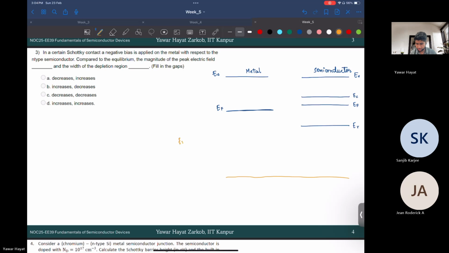This is the equilibrium case. So this is EF, and accordingly we'll draw the E naught. For palladium, phi m is greater than phi s. This is phi m, this is phi s, which is reasonable.